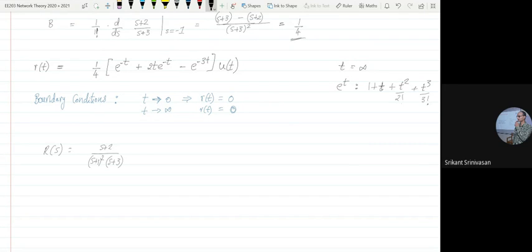Now, let me do the following function. Let me take limit as s tends to infinity, s times R of s. What is this going to work out to be? That means s into s plus 2.